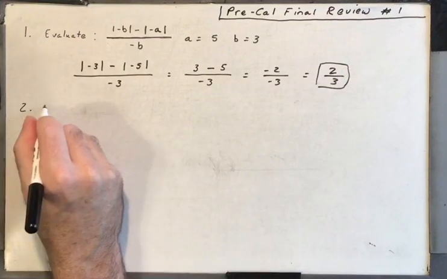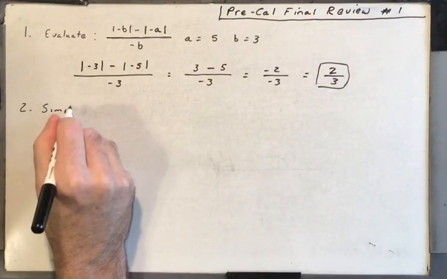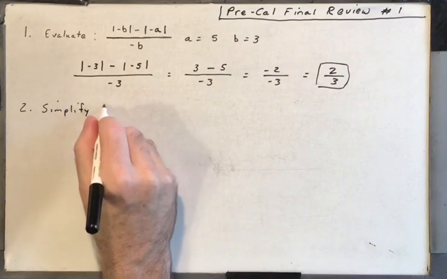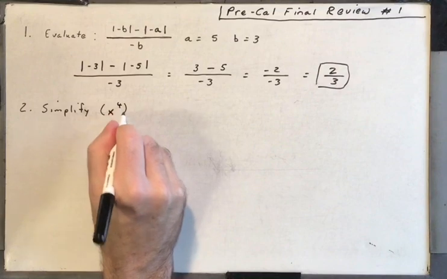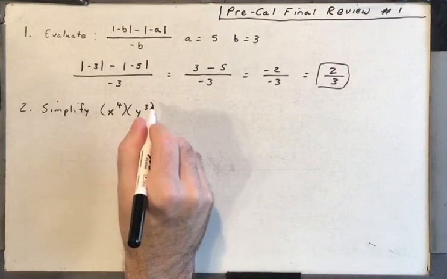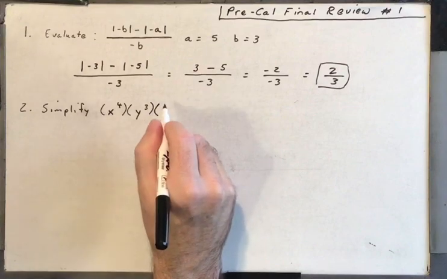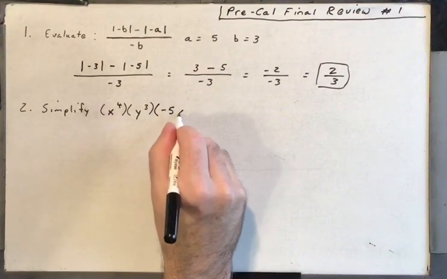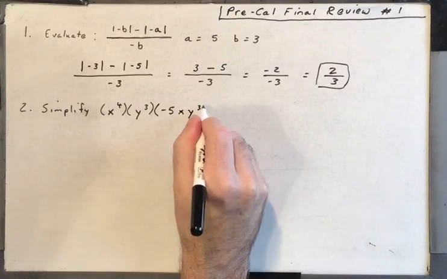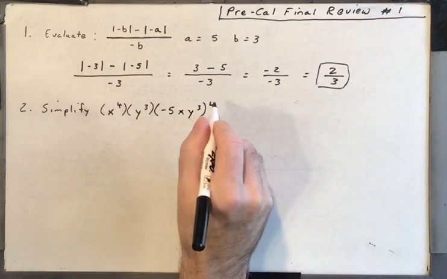Alright, number 2 says simplify. And we would have x to the 4th times y cubed times -5 x y cubed, all to the 4th.